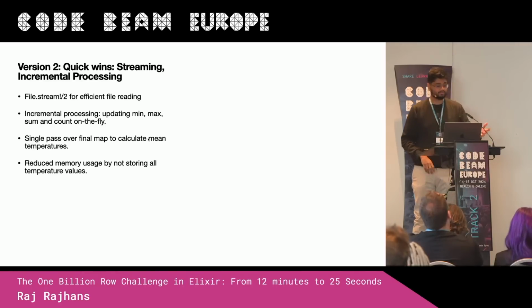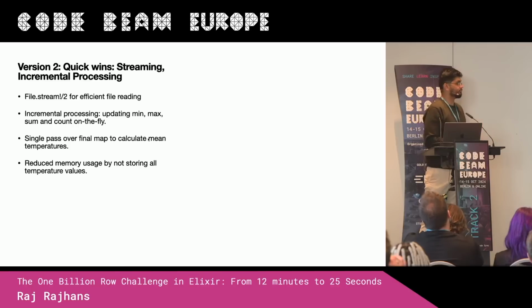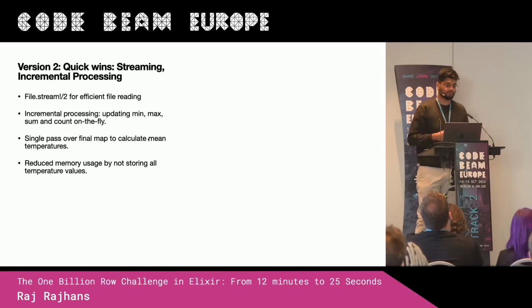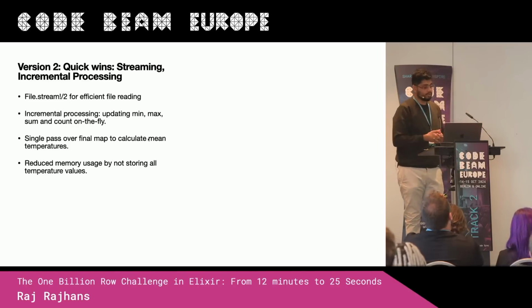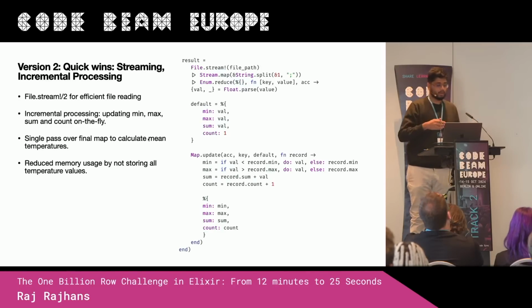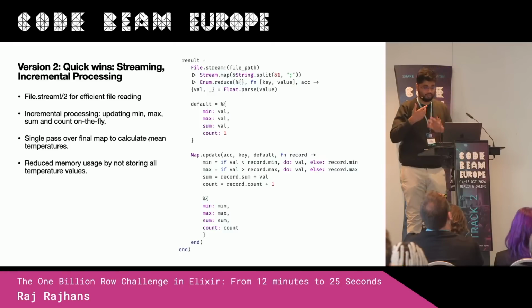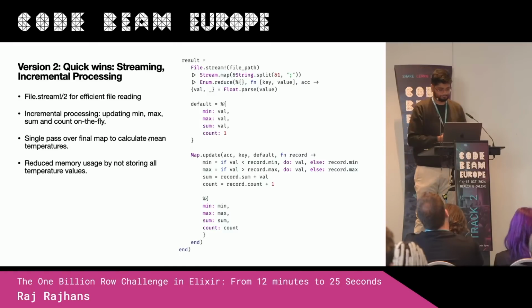Right off the bat, I knew that simple tricks like using File.stream for streaming the file instead of reading it all at once would help. So I did that. And then instead of storing all the temperature values as a list in memory, I implemented incremental processing, where we store the min, max, sum, and count while we iterate over the list one by one.